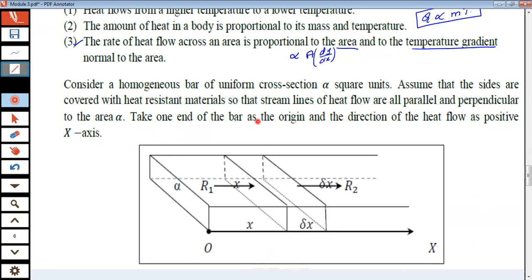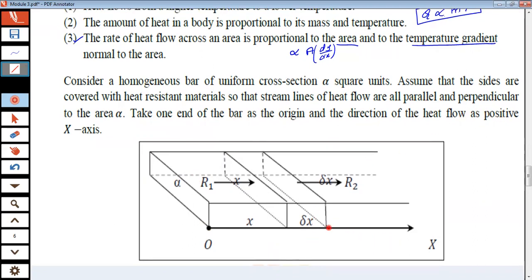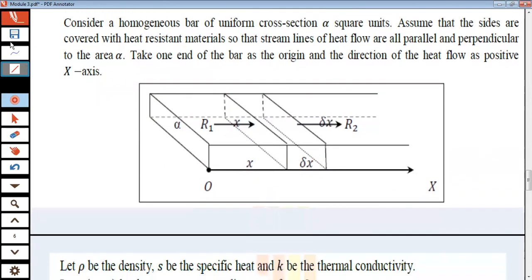Take one end of the bar as origin, and the direction of heat flow is always in the positive x-axis. Next, let us take a small portion, an element of this bar, of thickness delta x, where this distance is x and this distance is x plus delta x.